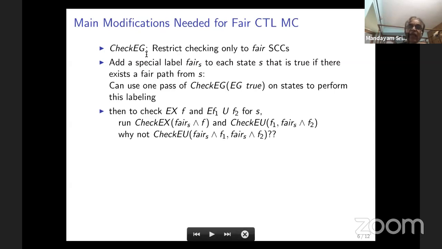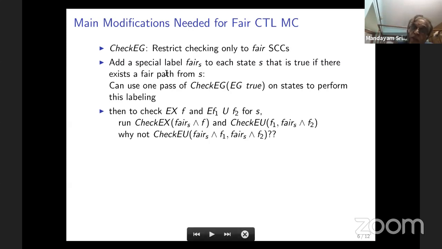So when you check EG, you restrict checking only to fair SCCs, okay? So it's easy to identify fair SCCs. How? An SCC is fair if you collect all the states from it and see that its intersection with each of the Pis must be non-empty, okay? So that's easy to check. And then you check EG that way.